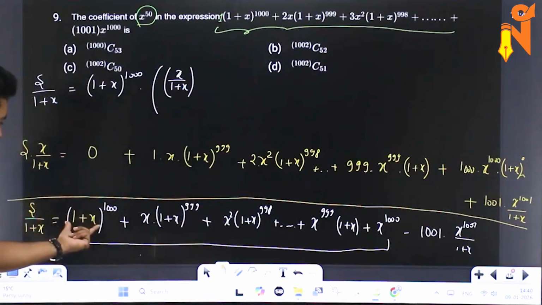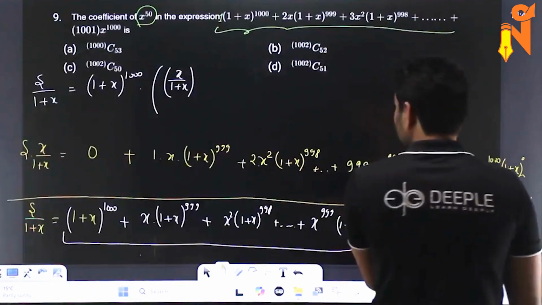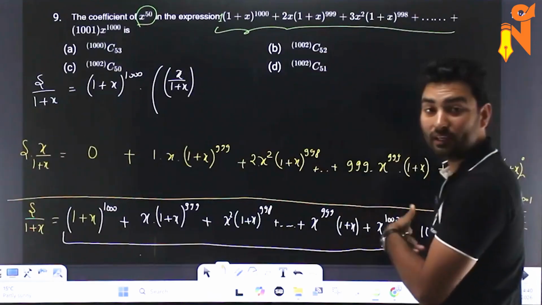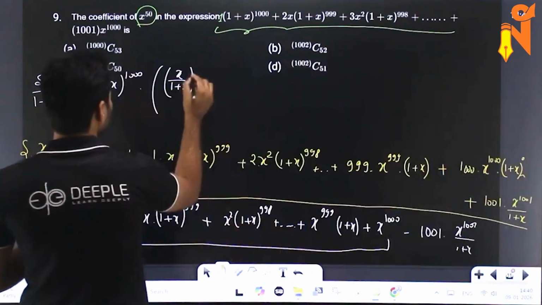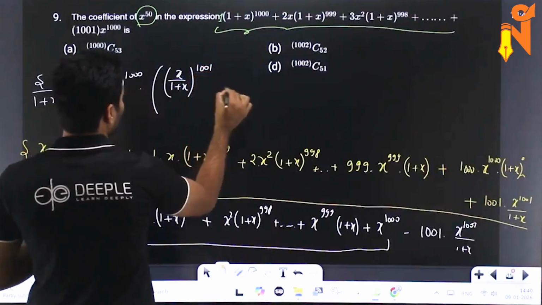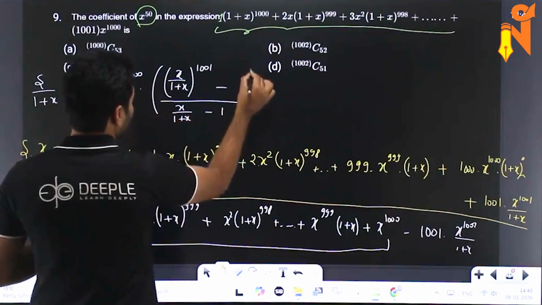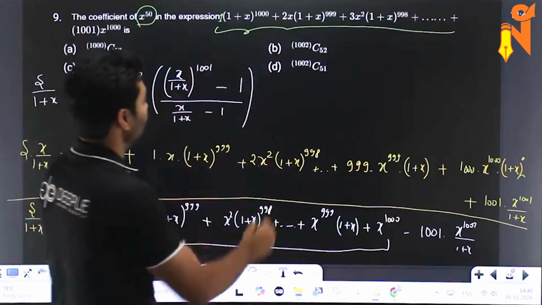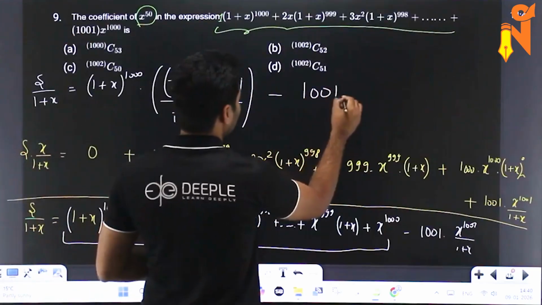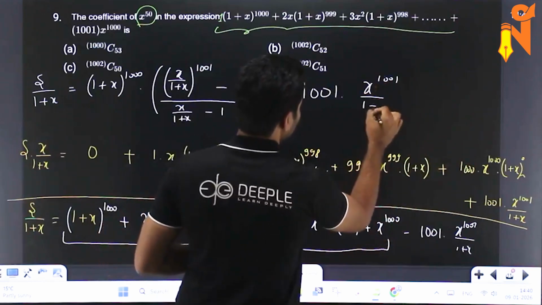Focus on the power: 1000, 999, till the end, x into (1+x)^0. So how many terms here? 1001. So it is (r^1001 minus 1) upon (r minus 1). This is equal to this minus 1001 into x^1001 upon (1+x).